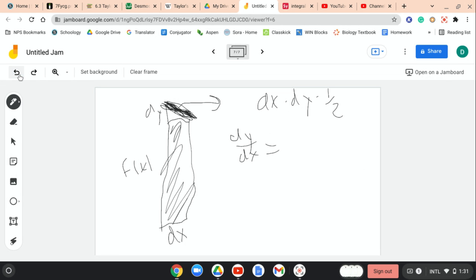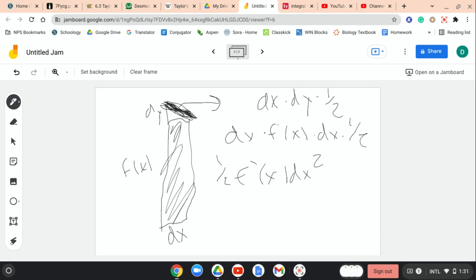So the area of the triangle is actually dx times f prime of x times dx times 1/2, which is 1/2 f prime of x dx squared. So dA, our tiny change in area, is equal to f of x times dx plus 1/2 f prime of x dx squared.